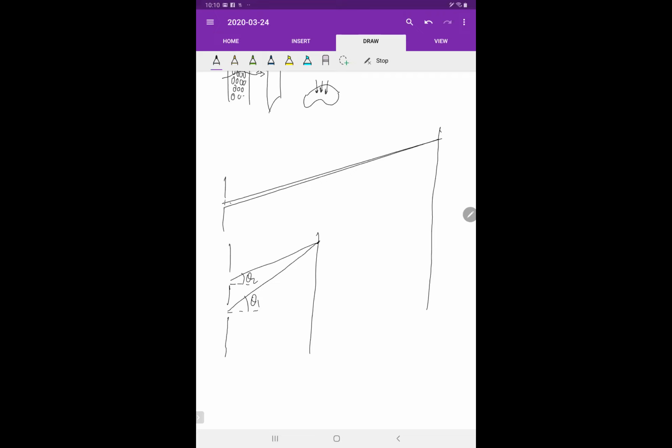Those two paths, yes, there is a slight difference between them, but it is very small.